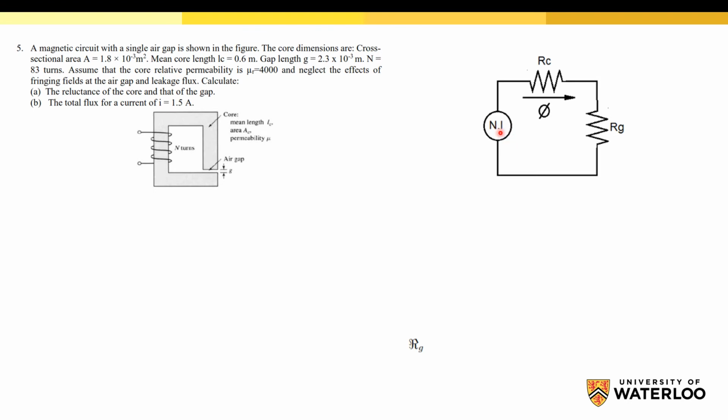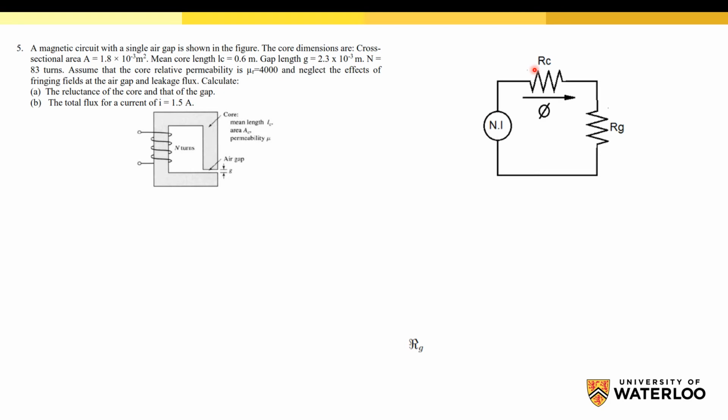This source is modeled as a magnetomotive source, and we have two reluctances, not resistances, one for the core and one for the air gap, and we have flux passing through this loop.